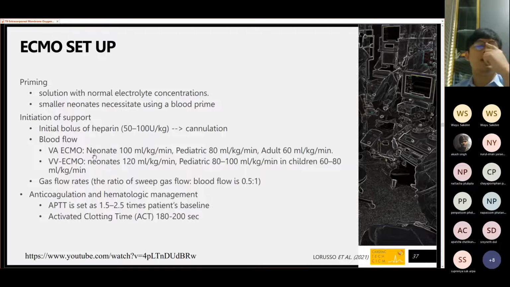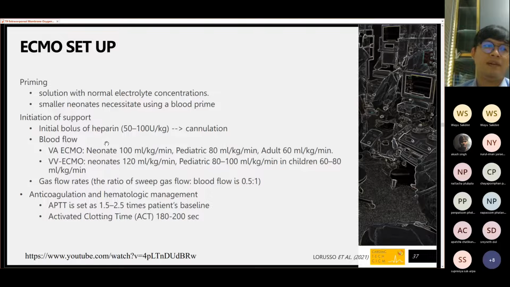Before we start, we have to make sure that heparin is added to the patient. The patient is given heparin to make a cannulation, same as CPB, but with a smaller dose compared with CPB, right?